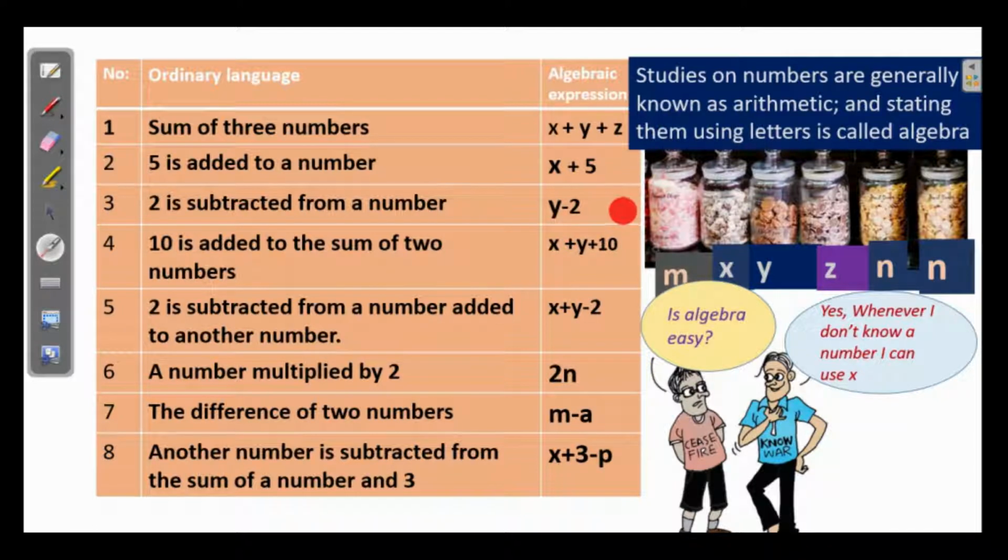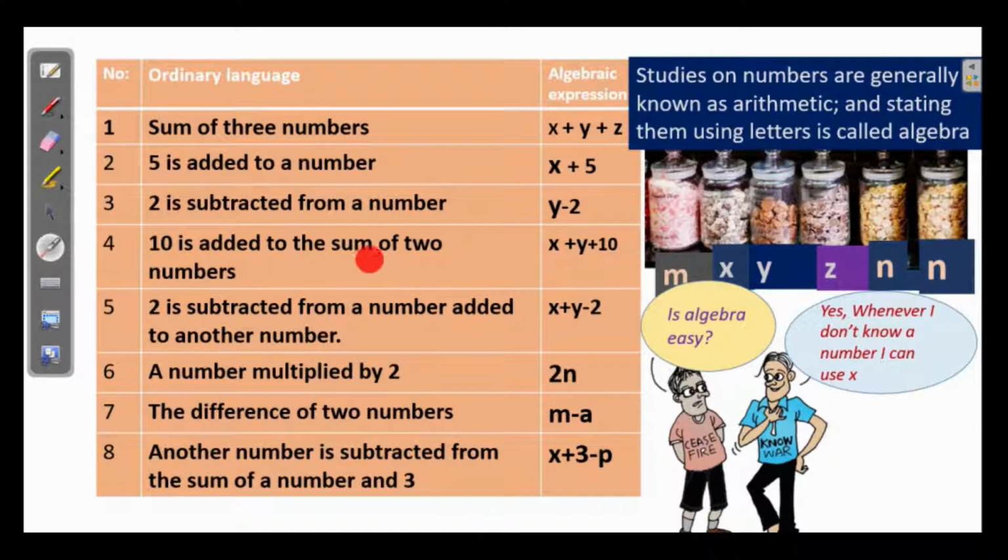Y minus 2 means 2 is subtracted from a number. If here Y minus 2 is written, we can say that if 2 candies are taken out from this jar, then the number of candies here would be Y minus 2.